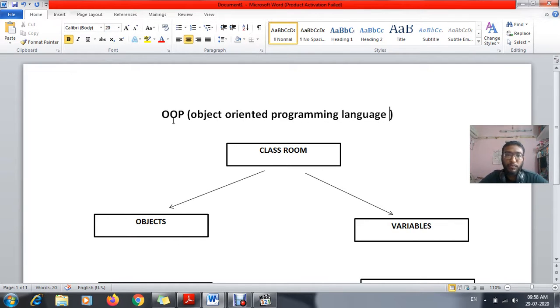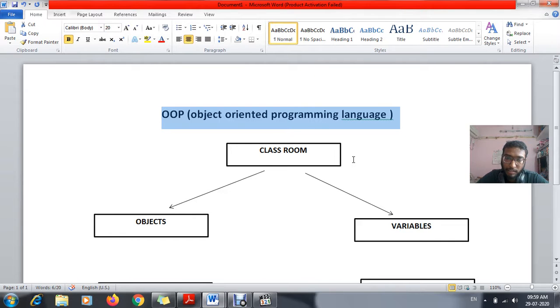Okay, this is the full form of object oriented programming language. Now, this has been introduced in the 1960s, but after 1980s, they implemented it. Till then they had not implemented it. That means they had not used such programming languages, but after 1980s they started using such kind of programming language.